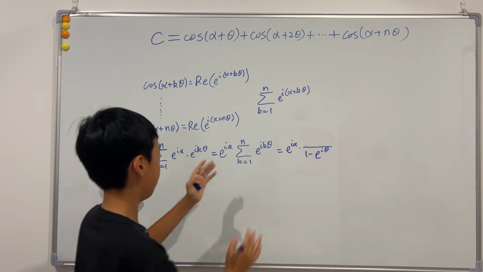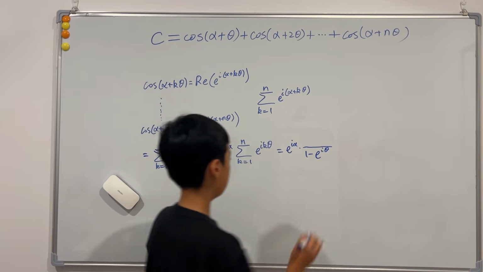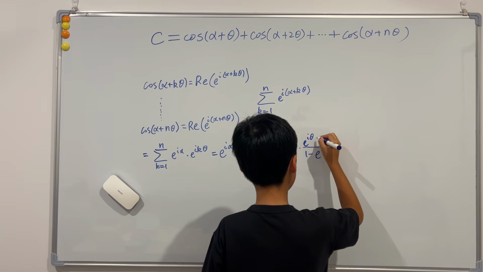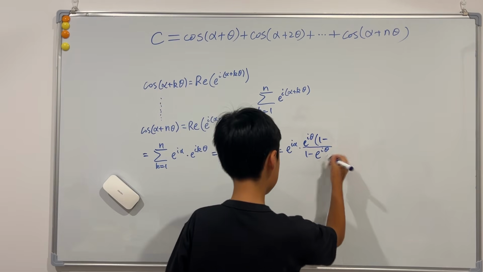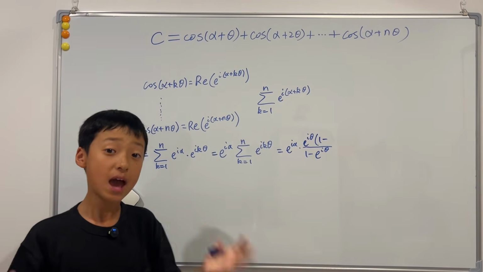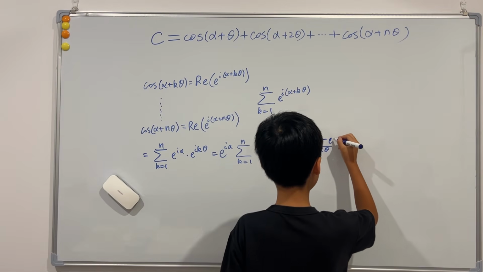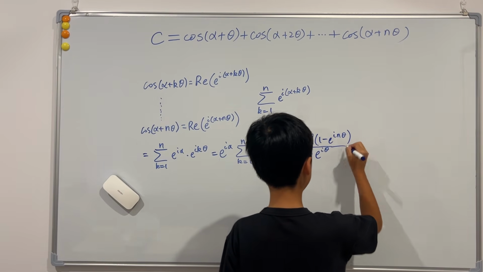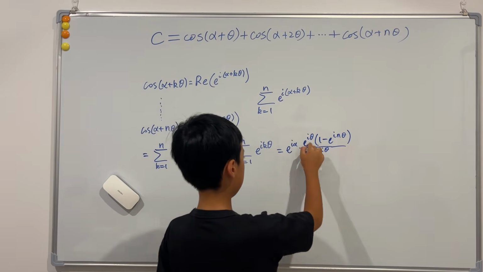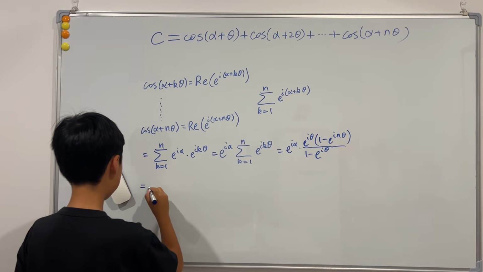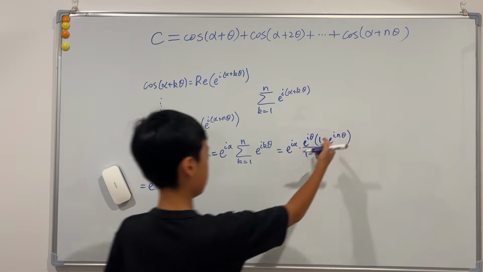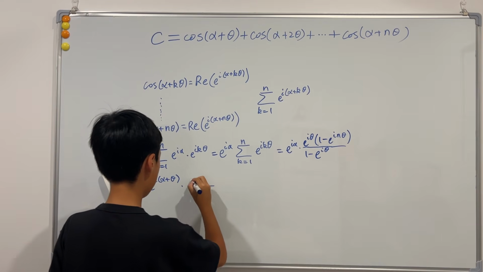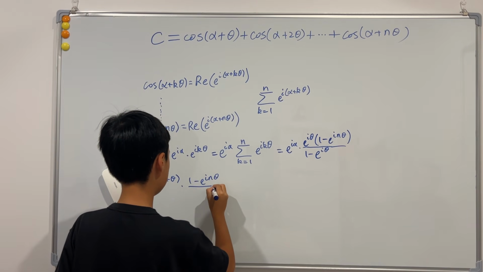And then the top is the first term, which is when k equals 1, which is e to the i theta, multiplied by 1 minus the common ratio, which is e to the i theta, but raised to the power of n. So it will just become e to the i n theta. So I will put these two together, so it becomes e to the i alpha plus theta multiplied by this over that. So 1 minus e to the i n theta over 1 minus e to the i theta.